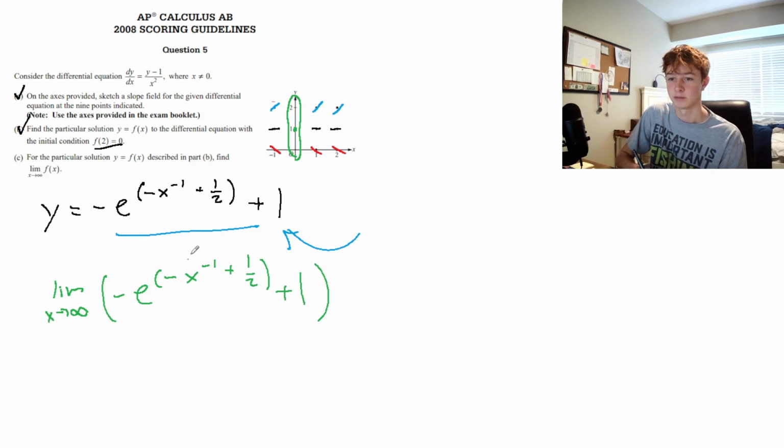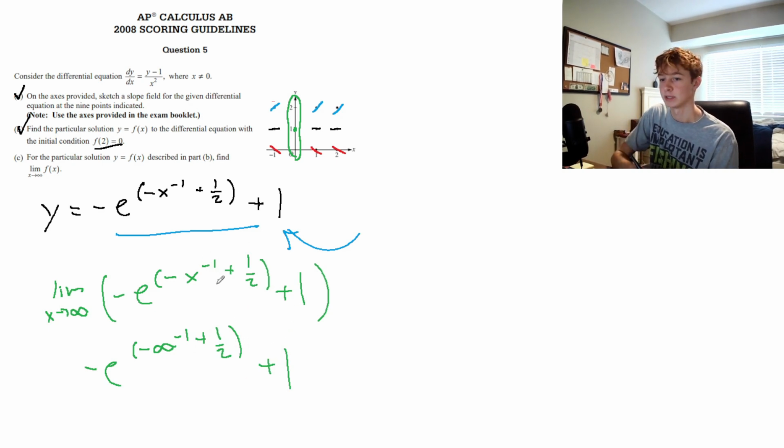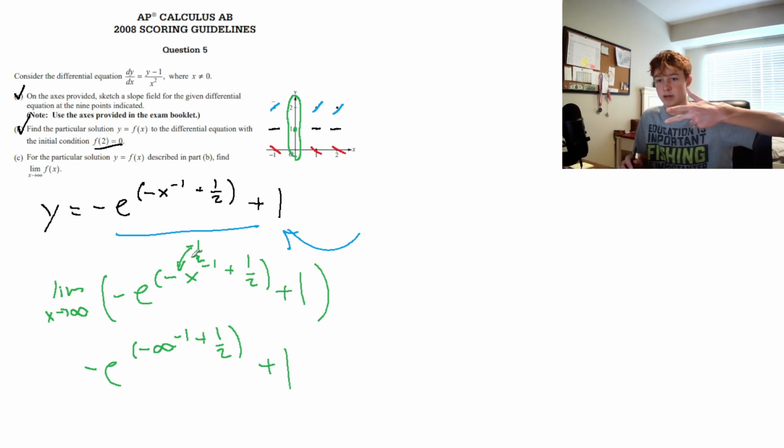So if we plug in infinity for x, we're going to end up with negative e to the power of negative infinity to the power of negative 1 plus 1/2, plus 1. And if you recall, when we plugged in 2 for x, this became negative 1 over 2, right? Because this to the power of negative 1 puts it under 1.